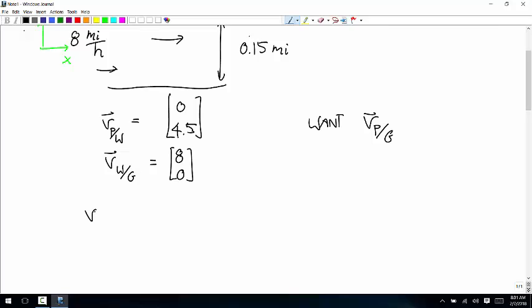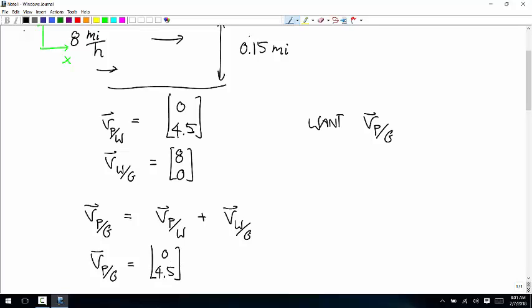So the relative motion setup is velocity of the person relative to the ground is equal to the velocity of the person relative to the water plus the velocity of the water relative to the ground. So this is equal to 0, 4.5 plus 8, 0. So 8, 4.5.